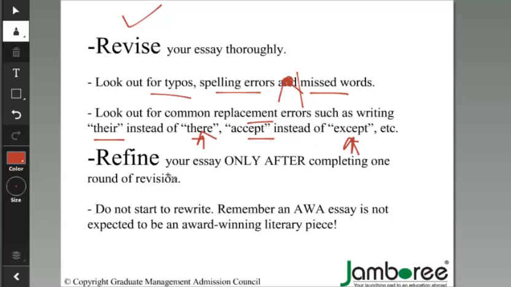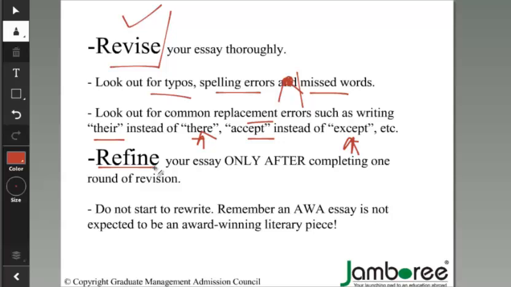Okay, now there's a difference between revising and refining. Revising is when you are just fixing spelling errors, typos, etc. You are just adding a comma, and so on. That's a revision. Refining is when you are improving upon the language. That is called refining. A lot of students, when they revise, don't differentiate between these processes.